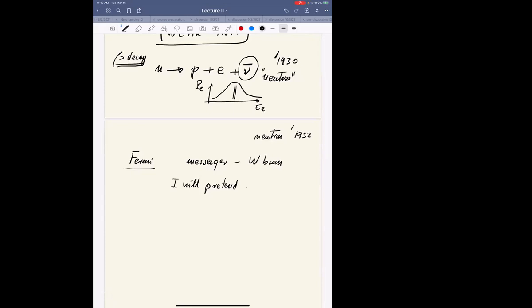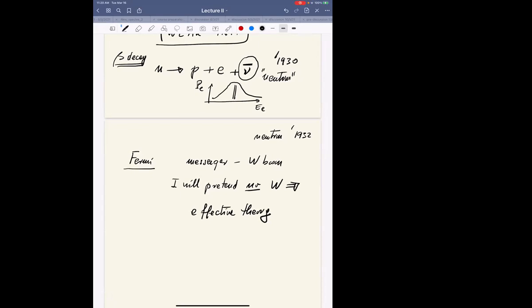I pretend no W, and I will do an effective theory. He says, if I don't have a way of describing it, I can speculate forever. But if you cannot test, and I don't have a theory of that, the right approach is to use the effective theory, the way Newton did some centuries before me.